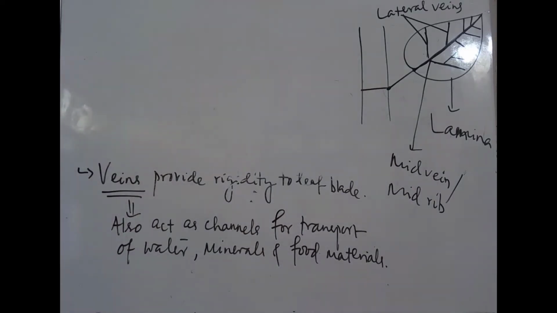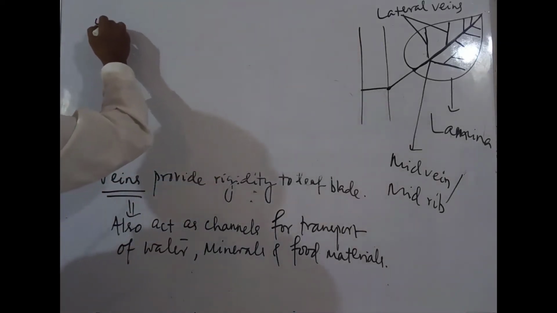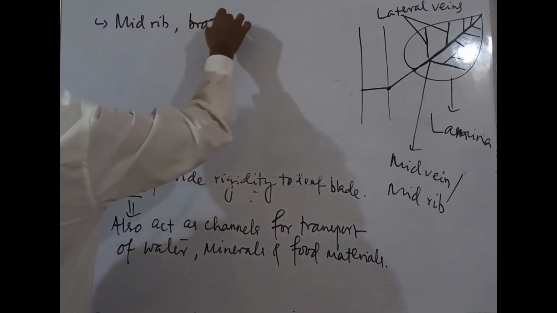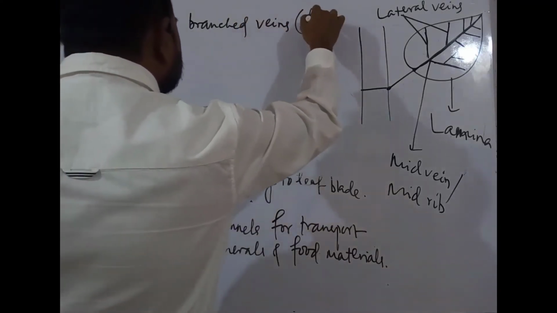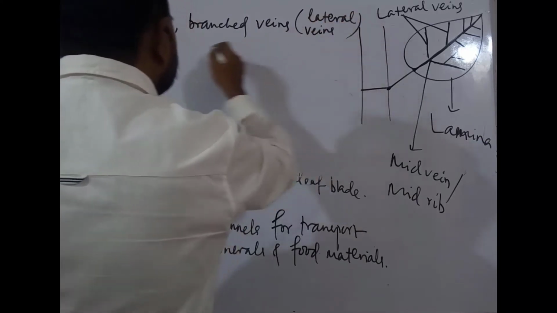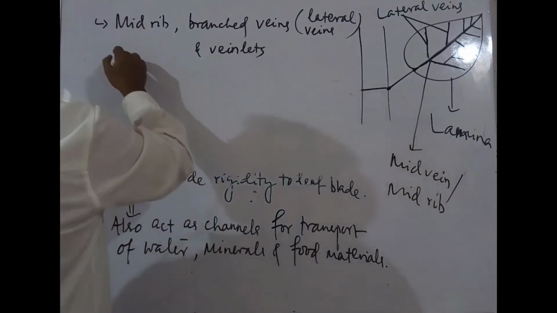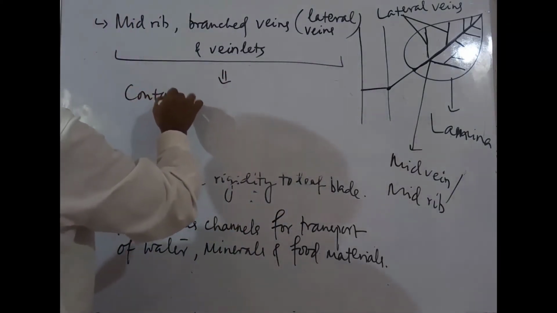Okay, so midrib and branched veins, that is known as lateral veins, and further branching known as veinlets, very fine veins. This all contain vascular bundles.